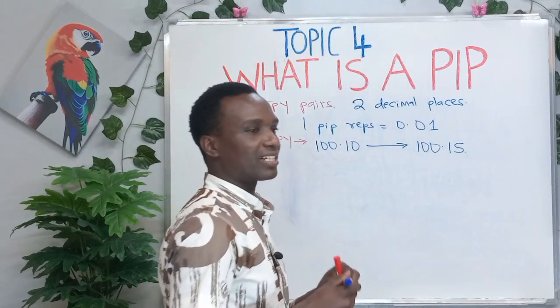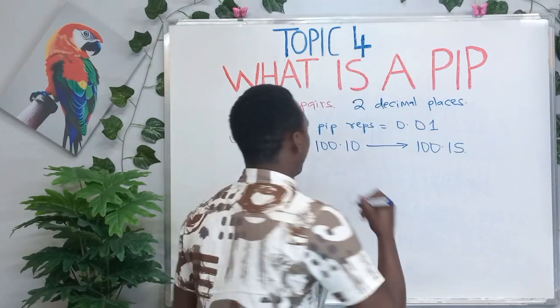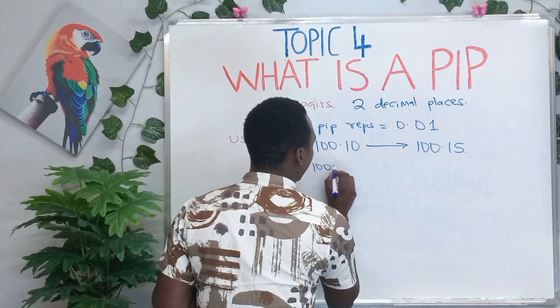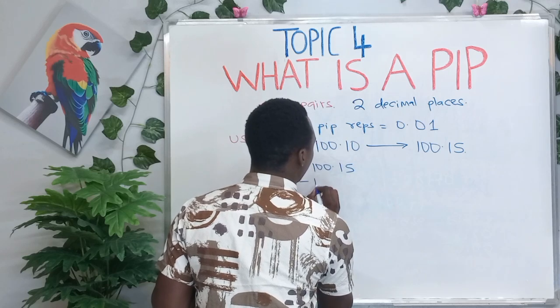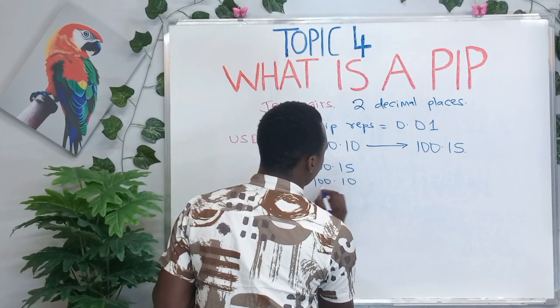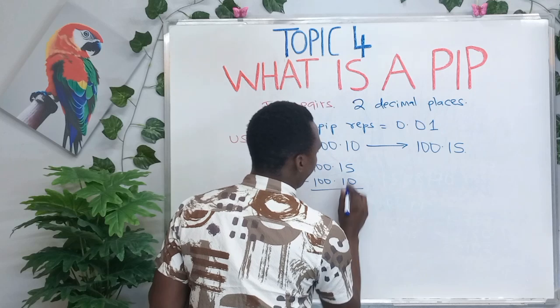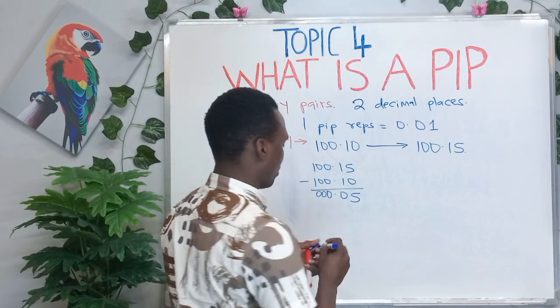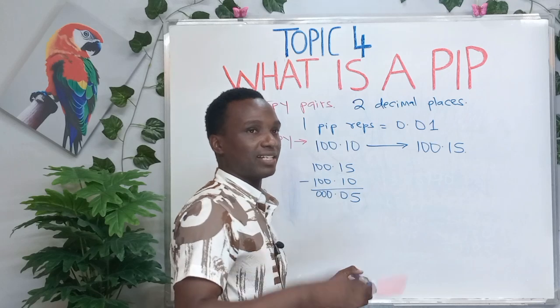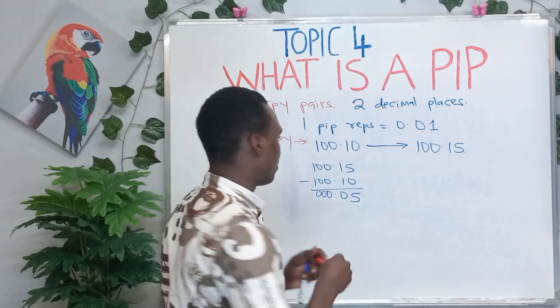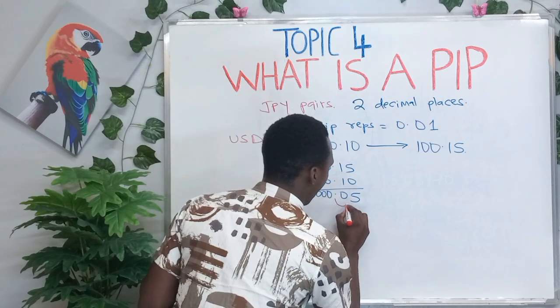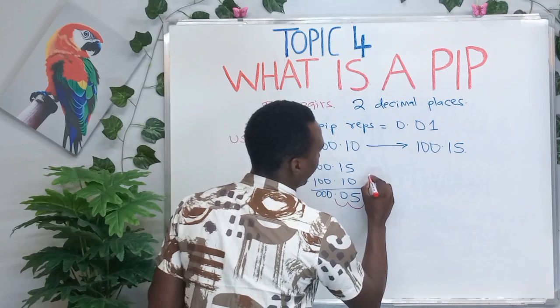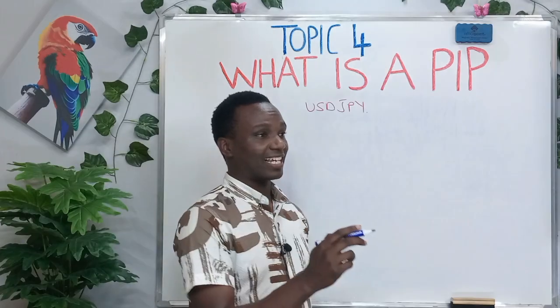How do we calculate the percentage in points? It is 100.15 minus 100.10, which is 0.05000. We said it is expressed in 2 decimal places. So 1, 2.